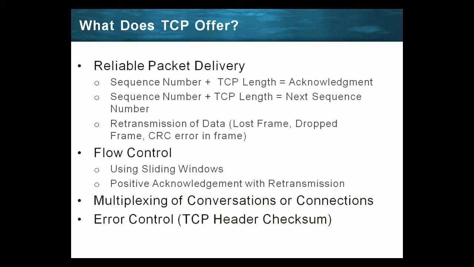So based on sequence number plus length, the appropriate ACK. I sent that data to you, started sending that data to you. I start my retransmission timer, and if my timer expires and I have not received the acknowledgement from you, I will retransmit that segment. And we can presume then retransmissions are typically caused by lost frames, CRC error frames, something in the network that is potentially causing us a problem.